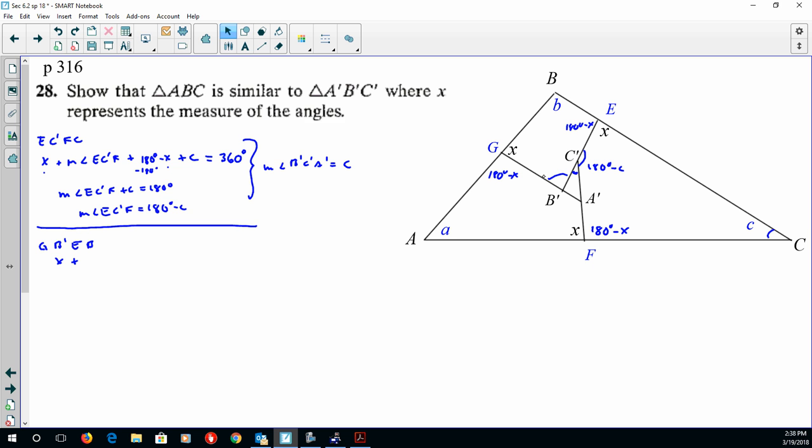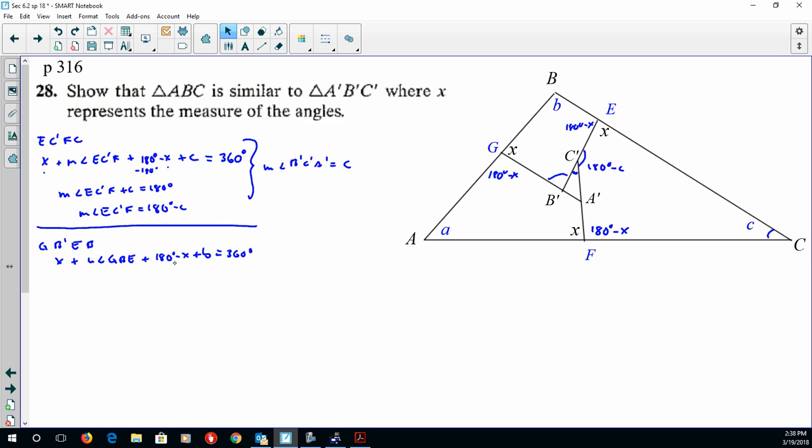The measure of angle GBE plus 180 minus X plus the measure of angle B, which I'm calling B, that's going to be 360. Okay. The X's cancel. Subtract 180.